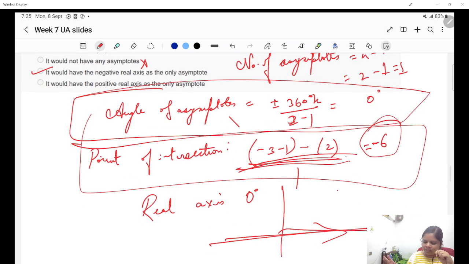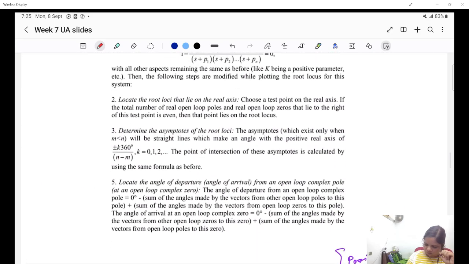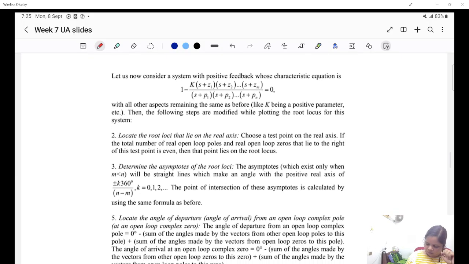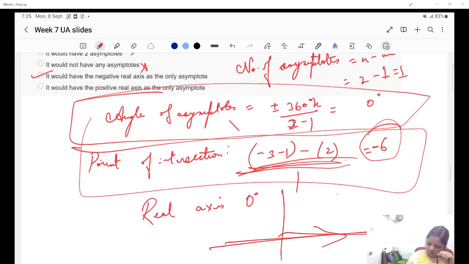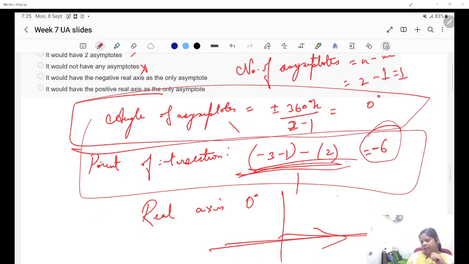It has one asymptote and it is along some axis. Then how do we say it is the positive real axis or negative real axis?